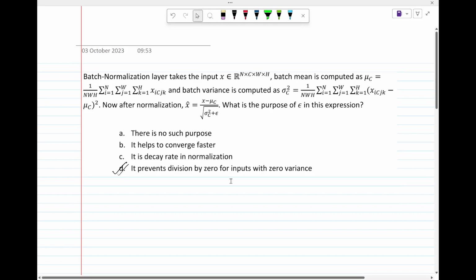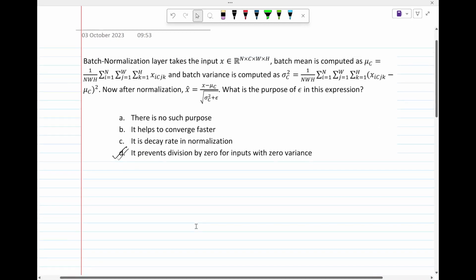So what does it actually mean that the variance is 0? The variance being 0 would mean that that feature is actually a constant, right?